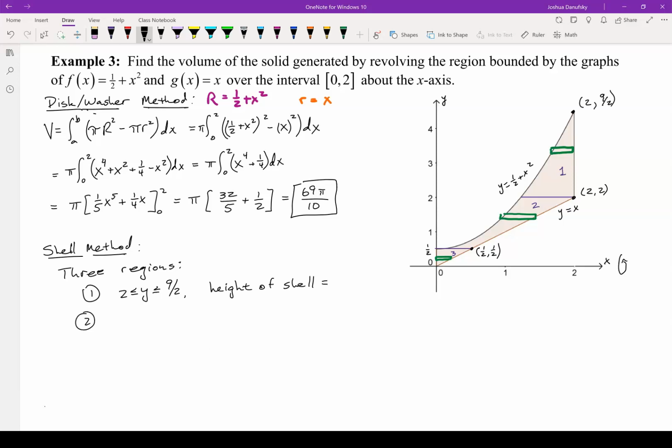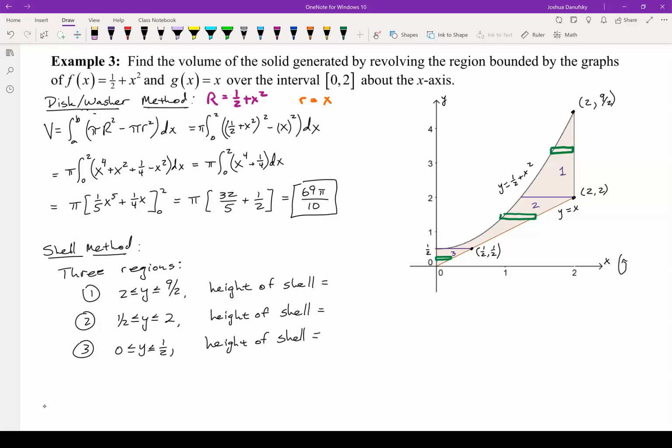Region 2 is going to go from 1/2 for y up to 2. And again, we'll have to find the height of the shells in that region. And finally, in region 3, our y's are varying from 0 up to 1/2. And we need to figure out the height of those shells also.